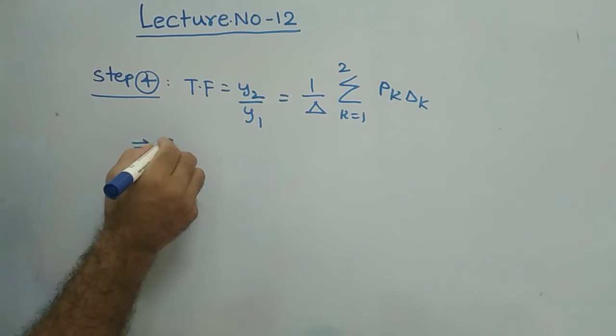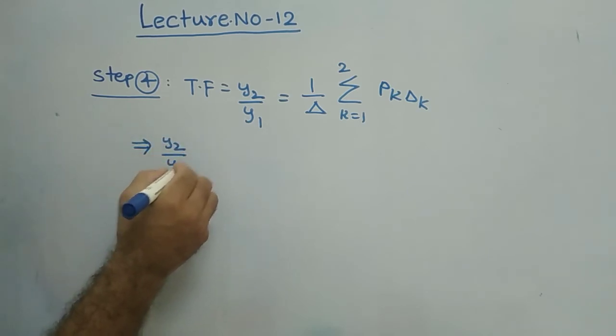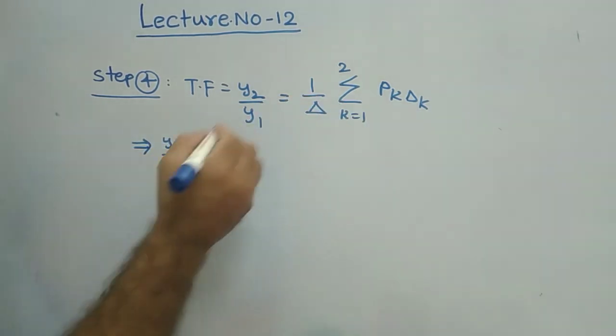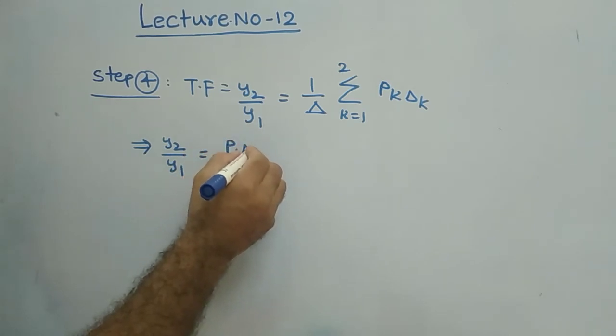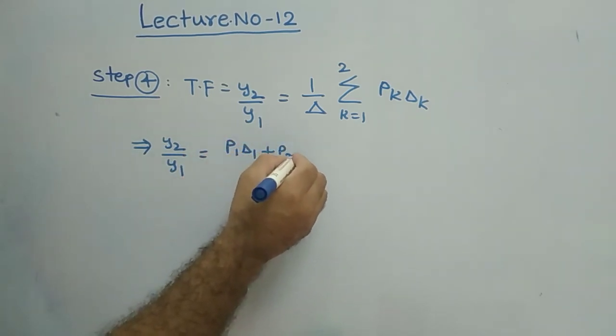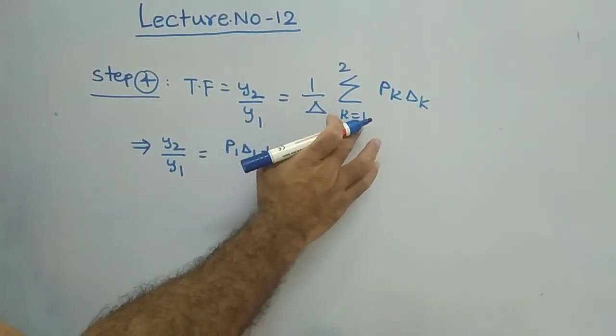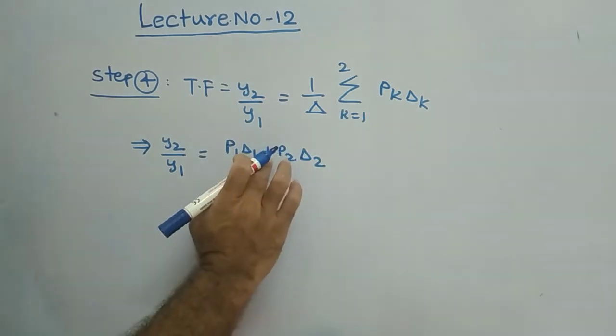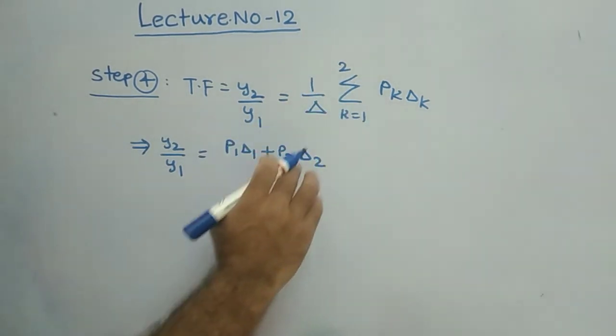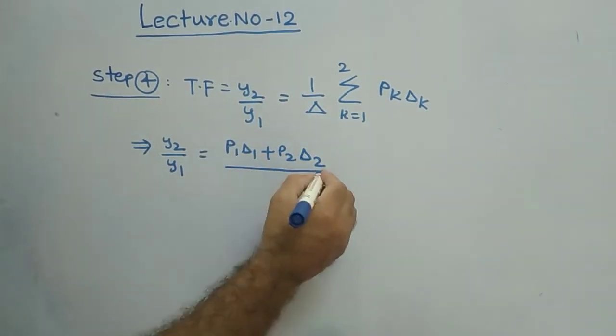Therefore, y2 by y1 is equal to p1 delta 1 plus p2 delta 2, because summation means plus only, by what is your delta?